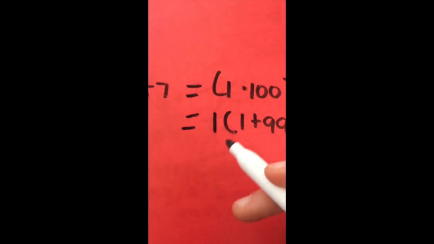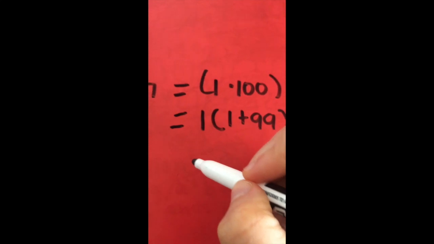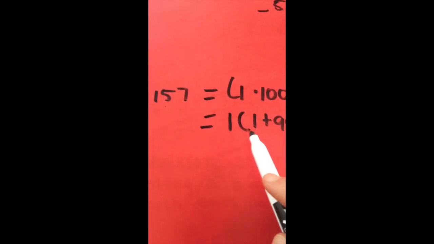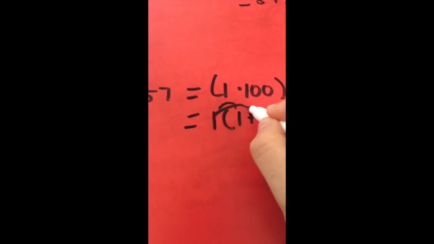So we'll rewrite our problem. I'll do the multiplying by the 99 first, because we would just distribute these.